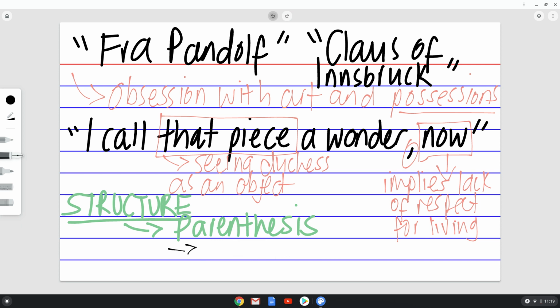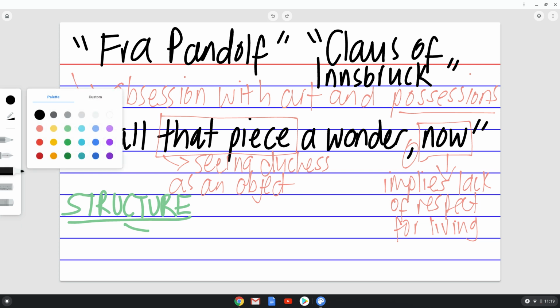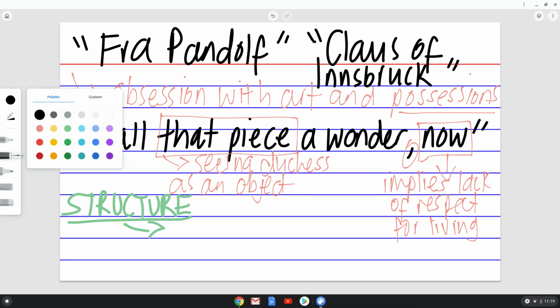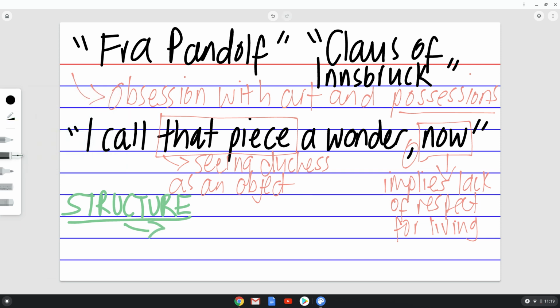I've just had a little thought. Rewind on that. From a structural point of view, what actually is better than that is the fact that it is written in a dramatic monologue.